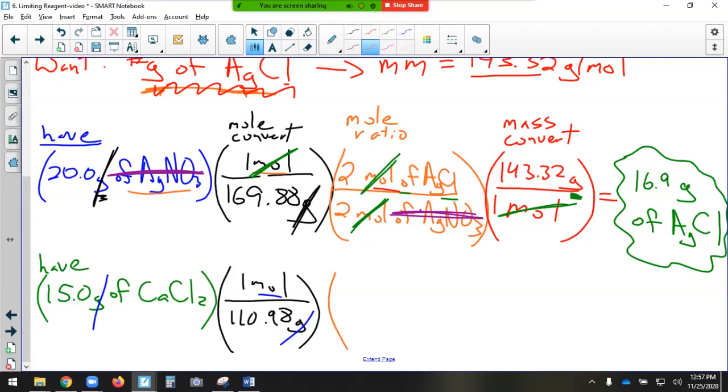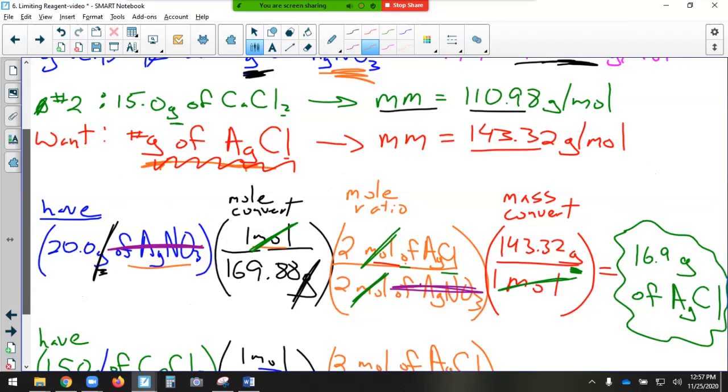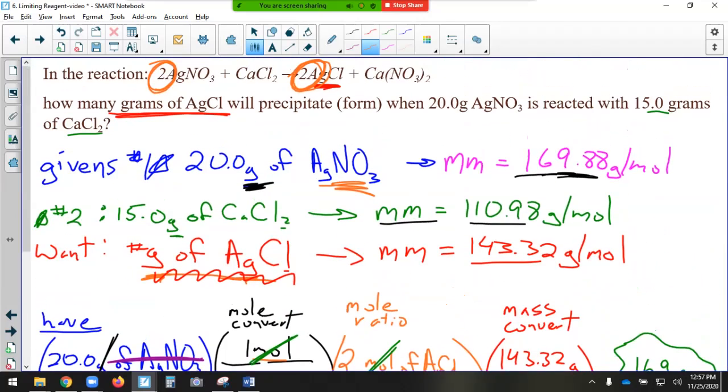I'll try to color coordinate here. We're still doing the mole ratio. I already know from the previous one, I can see it right above it, I do want silver chloride. I know from the chemical equation, it's 2 moles of silver chloride. I don't remember what calcium chloride is, so I'll have to scroll up. Calcium chloride has no number in front, which means it would be the number 1.